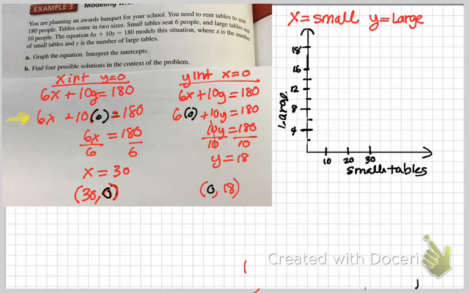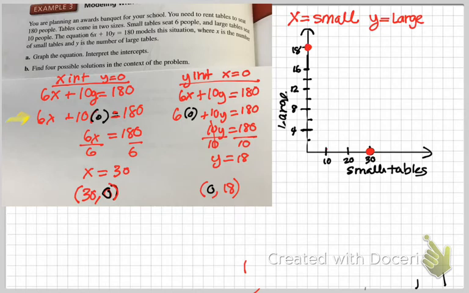So now I can graph my intercepts. My x-intercept is 30, so I'm going to put a point at 30, 0. There's a point. I might as well make that red. Then my y-intercept is 18, and it would go here.